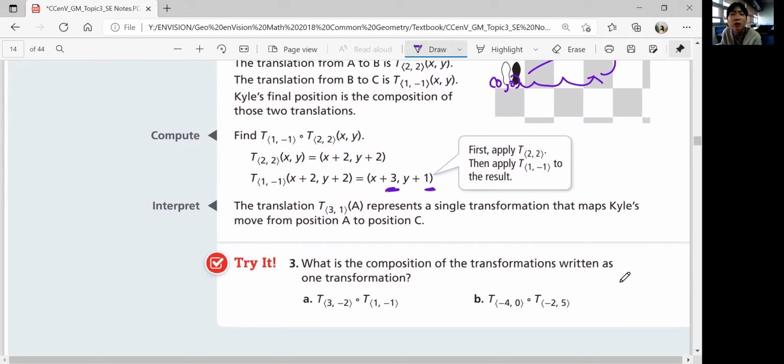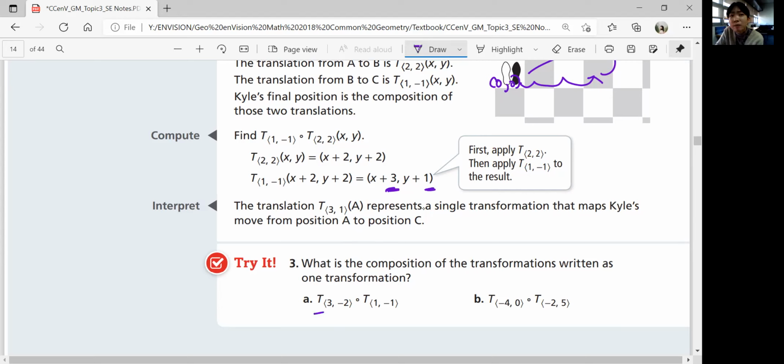What's the composition of the transformations written as one transformation? So if we have 2 translations, we can combine them by adding their numbers. Okay, so if you have 3 and 1, they're both positive. So if you add them, you're going to have 3 plus 1, because if you move 3 units to the right and then move 1 unit again later, that's a total of 4 units to the right.